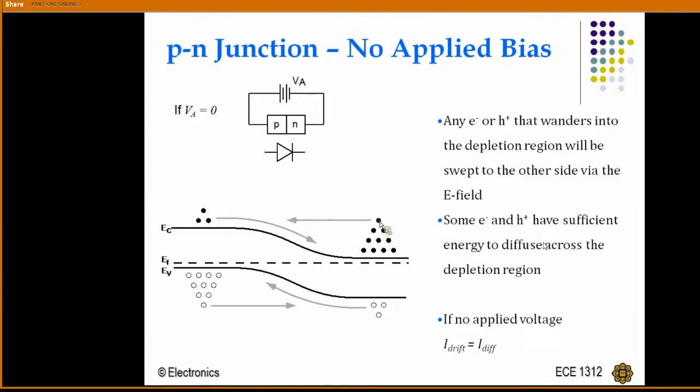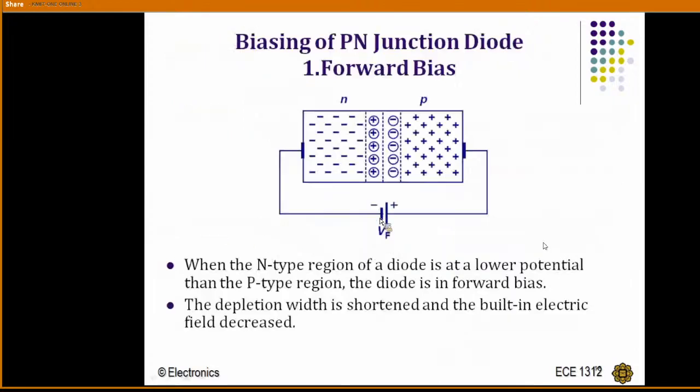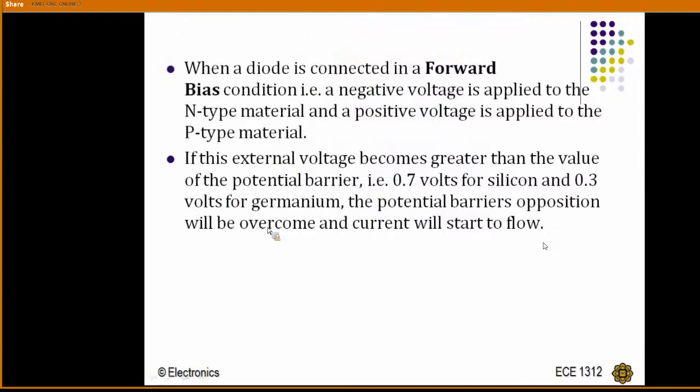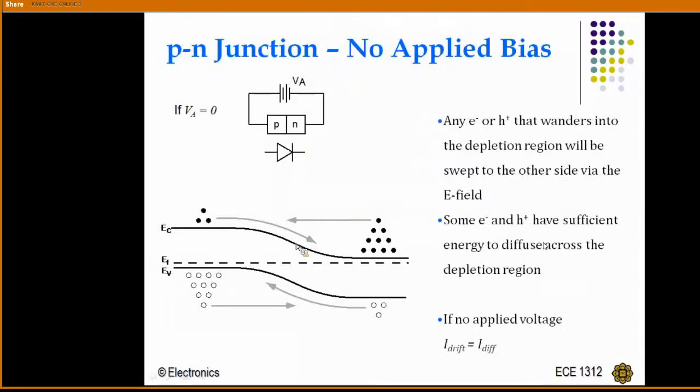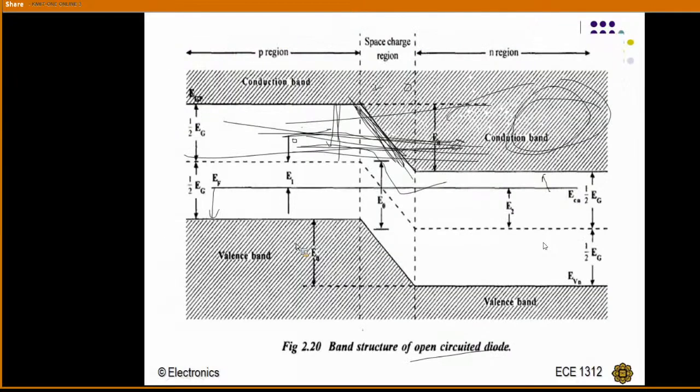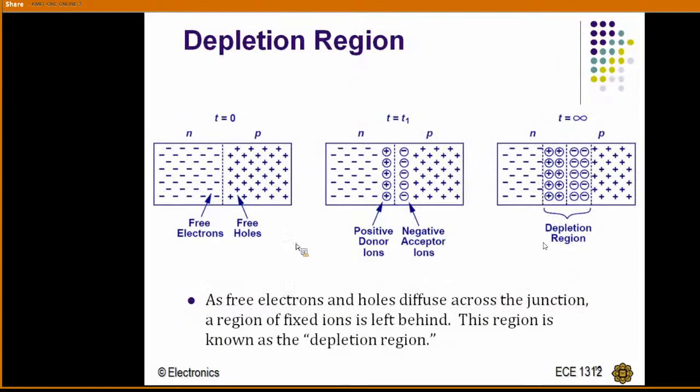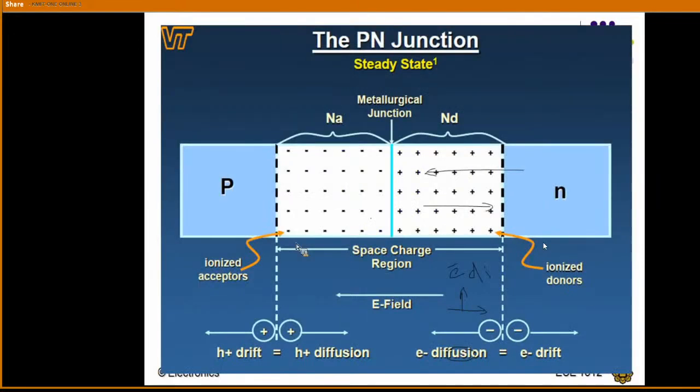Now see, an electron can move if it is at the same height; it cannot directly go this way. This is the simple one. This is with no bias condition. The first thing, I just combined the p type and n type material and observed what the diffusion current, drift current and depletion region are.